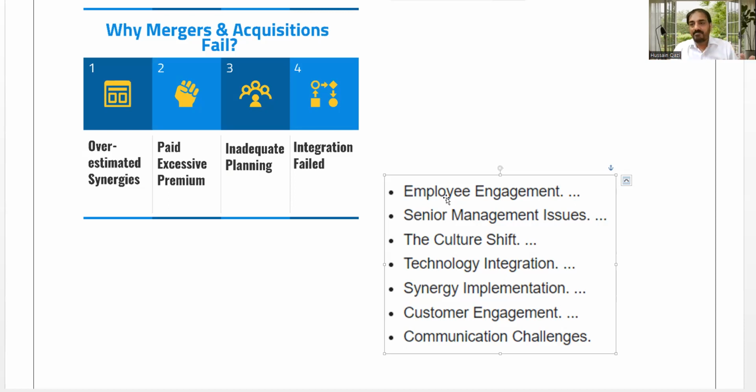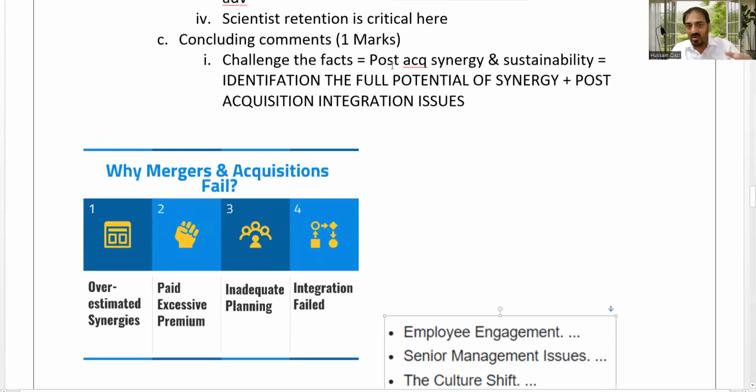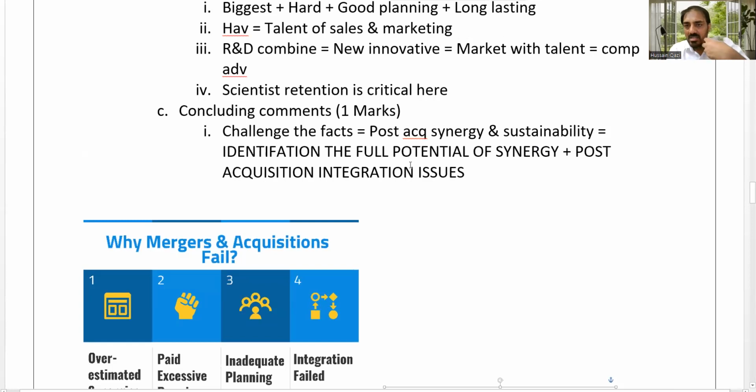Although the details are not part of this question, this is not the real requirement of the question, but I just connect the things accordingly. You just make a one line because it's here just 1 mark.